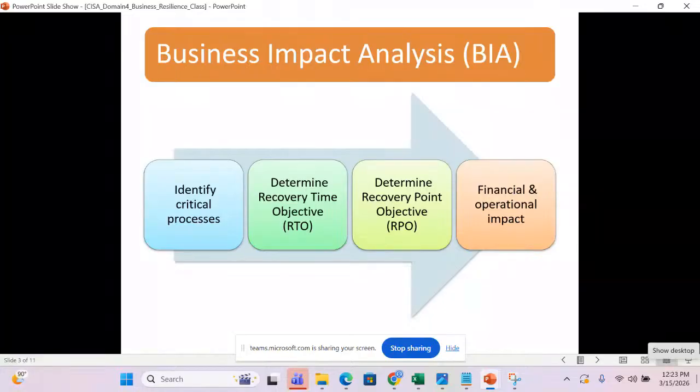All right. So now, having identified your critical process, it cannot be one. For instance, in a banking environment, your critical processes cannot be one. It can be a lot. So your BIA is actually a document, and in it you highlight all the critical processes that you have in the organization.